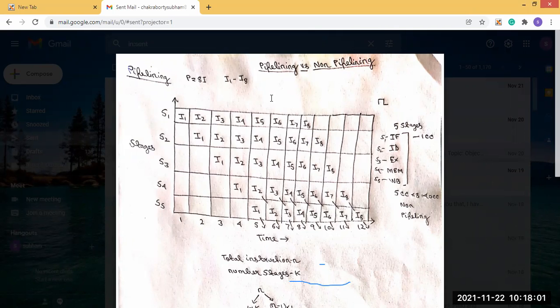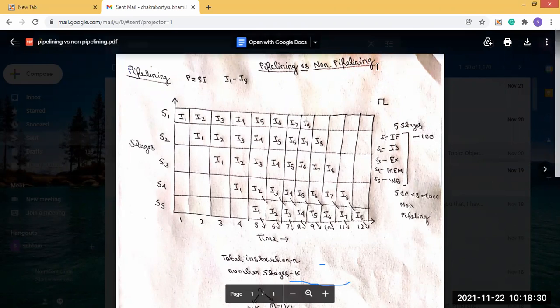Now, to execute an instruction, it requires 5 stages. In some books you will see 4 stages given, so maybe 5 stages or 4 stages. That is also not wrong, but we are considering 5 stages.